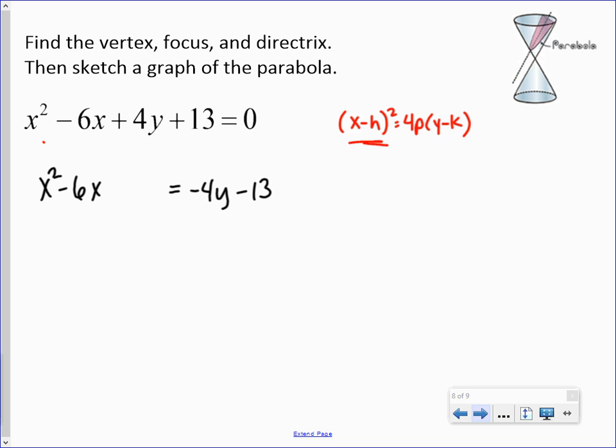How did you get that? You can take half of the middle term and square it.